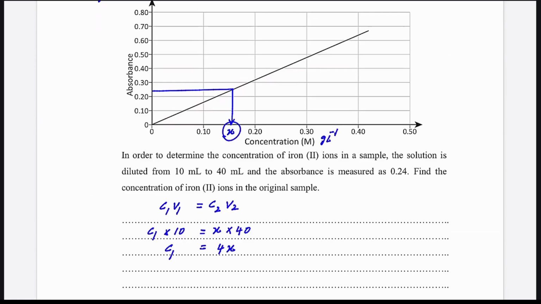If that number is 0.15, you just predict here, so if it's in the middle, 0.15. In the actual question, you get the right point. So it's going to be 4 times 0.15. I just assume that number to be there.